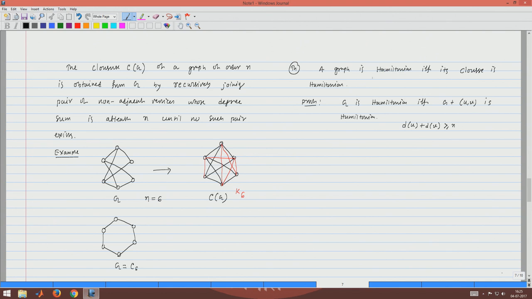So, the proof of this theorem comes from here, that G is Hamiltonian if and only if G plus UV is Hamiltonian. Okay.